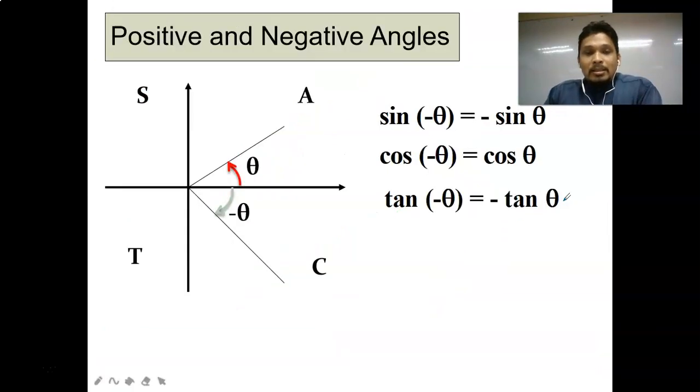Okay, so then, positive and negative angle. If this is the angle, class, all the angles begin from the right side of this x-axis. So if from here it moves, please refer to the angle arrow.